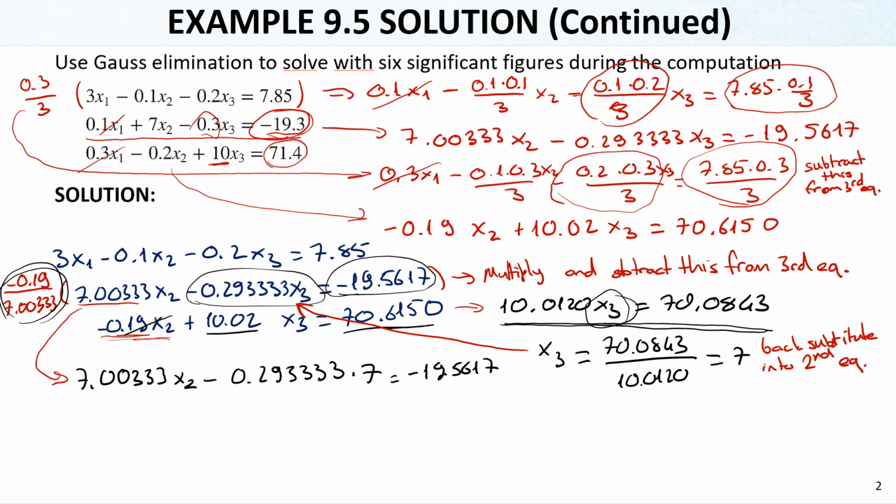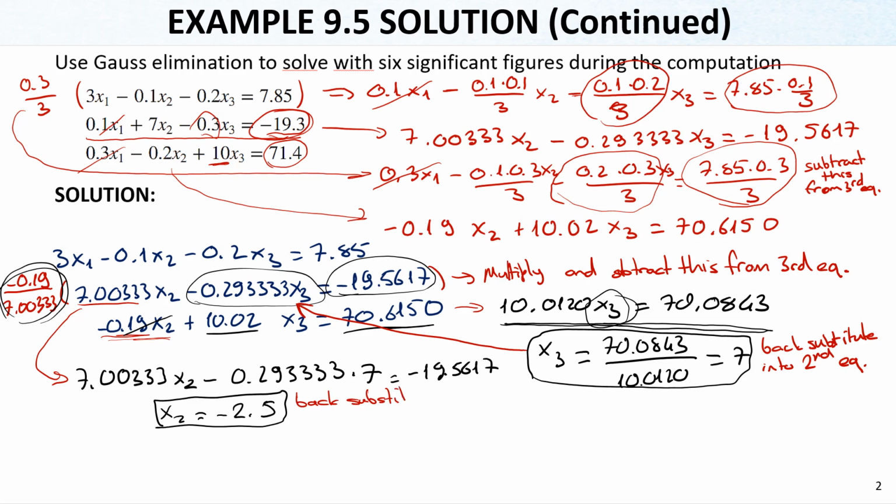So that from here x2 is equivalent to minus 2.5. We found this as well, and this one. Now we back substitute these into the first equation. So here, take this and put it here, and x3 into here.